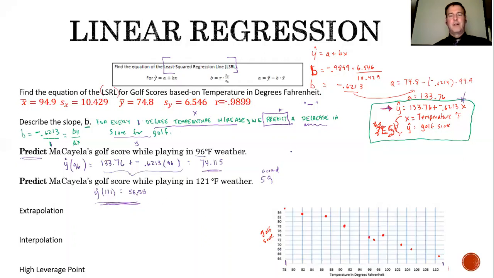So prediction equations are only valid for input values within the domain.